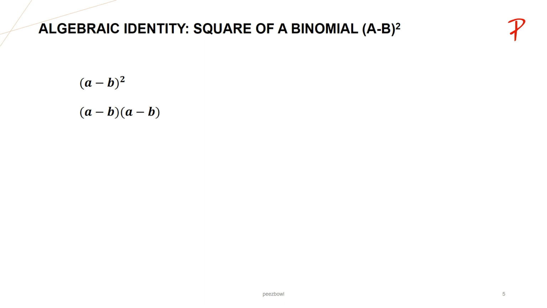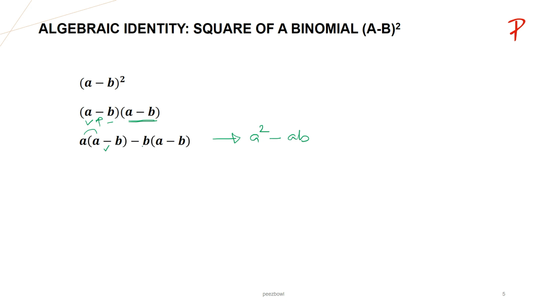Now let us use the distributive property to expand it. In this case I have to multiply a with a minus b, then we will have a minus sign. After that we are going to multiply b with a minus b, right? So when a is multiplied by a, we get a square, minus a multiplied by b is ab.